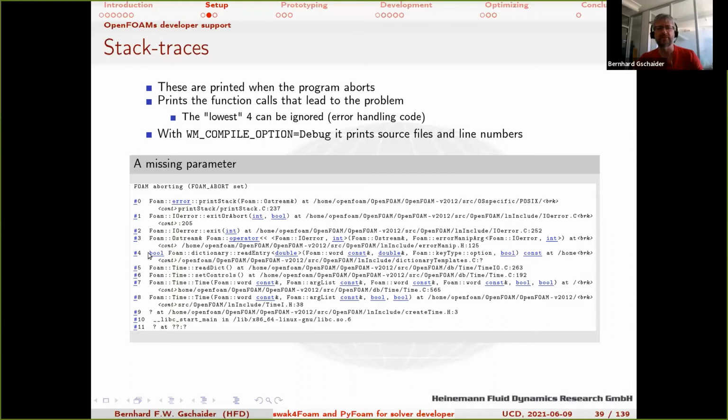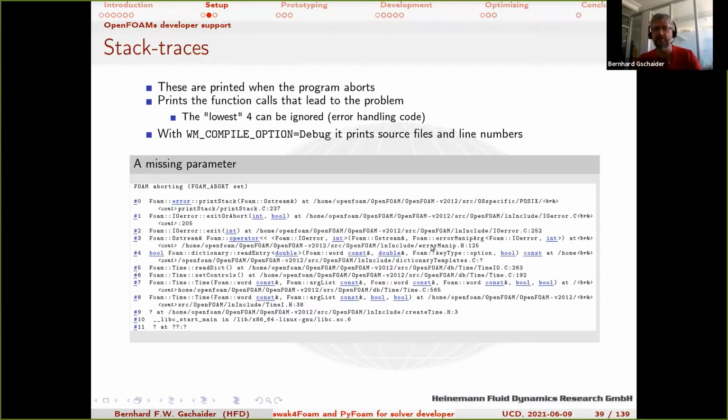Yeah, and basically the stack traces were here all the time. One of the nice things you see here is that it tells you in which file, in which line of code, the problem occurred. And if you think it's your mistake, then you go through the stack trace, find from the top the first source file that is yours, and then you check what is happening in this line of code.